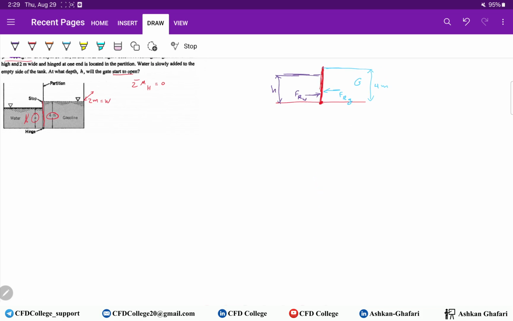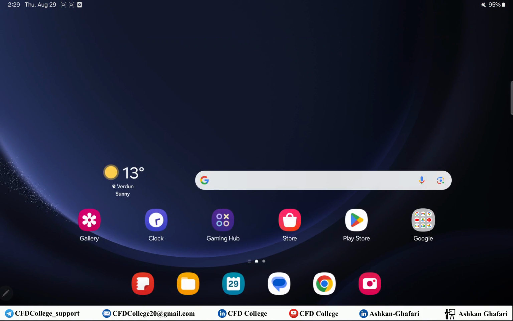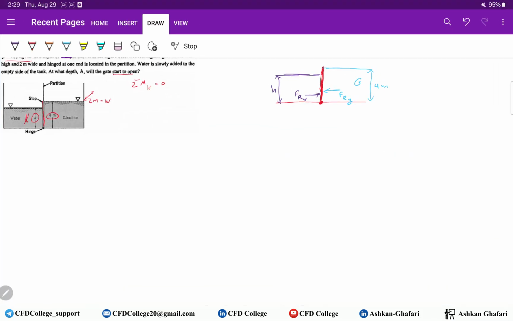Okay, let's start with the right hand side, with this side. So if this is the gate and this is the water level, here we have FRG. If you remember, we should put the y-axis here. The middle is HC, the distance between the free surface and the middle.